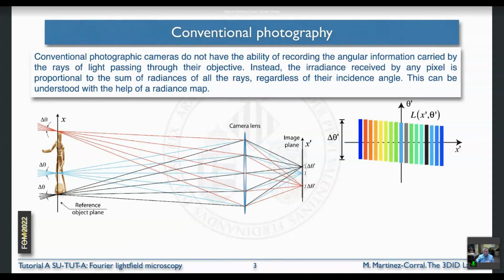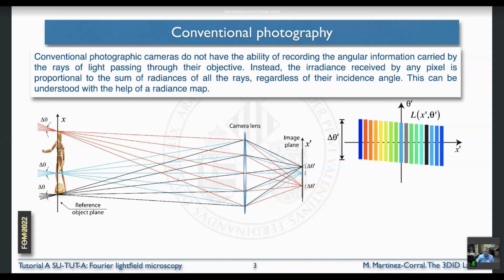Here we have a very simple scheme of a photography camera. We have the object, the scene we are photographing. We have the camera lens, and here we have the sensor. At that time it was a photographic film, and now it is a CCD or CMOS sensor.